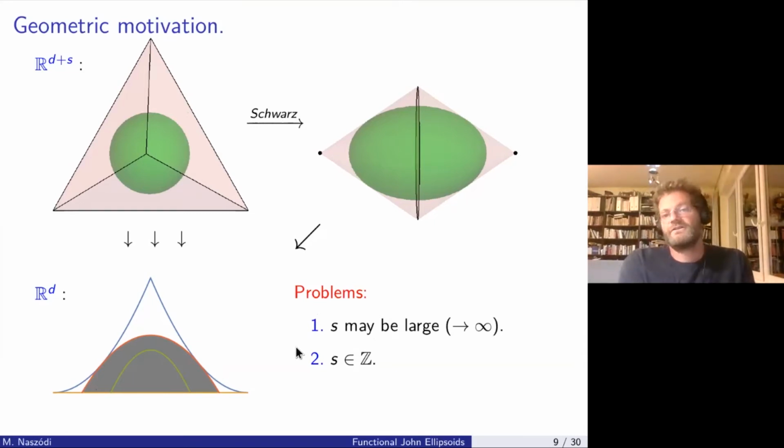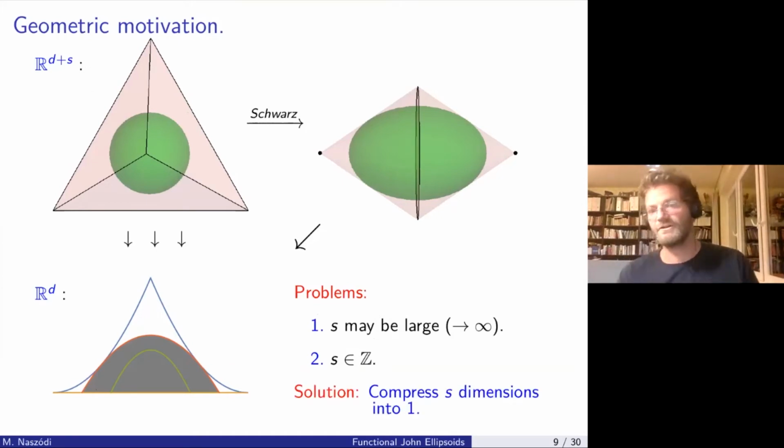And also, it only makes sense for integers, right? I mean, you want to talk about R^(D+S). And here comes our solution. Just compress all this S-dimensional space into one dimension. After all, if you do a Schwarz symmetrization, then there is really no need to represent this body in R^(D+S), because it's rotationally symmetric about R^D. So you only need one extra dimension, R^(D+1), to encode this entire body.